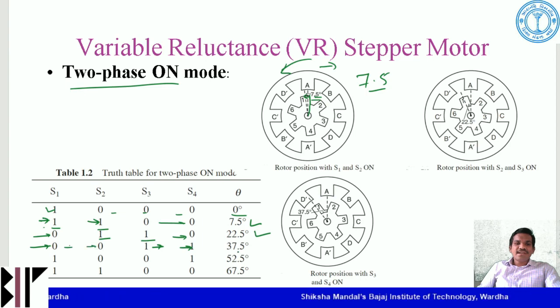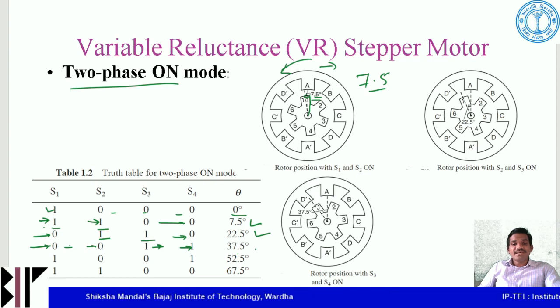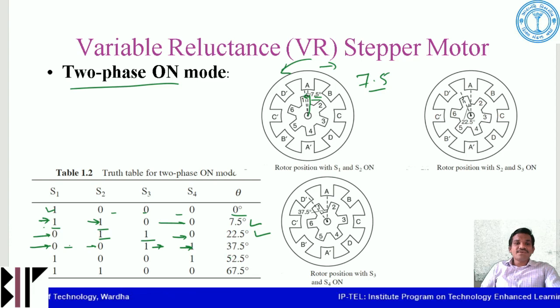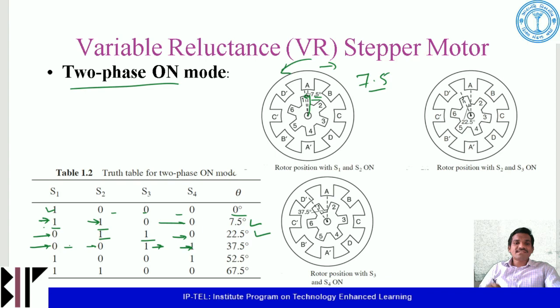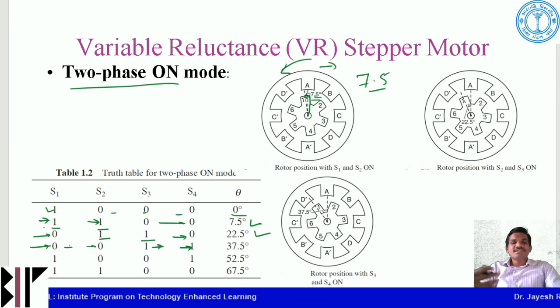Again we get a step angle, which goes to 37.5 degrees. Similarly, this step continues. This is called two-phase excitation, or two-phase on mode, where we energize two phases of the stator. Got this?